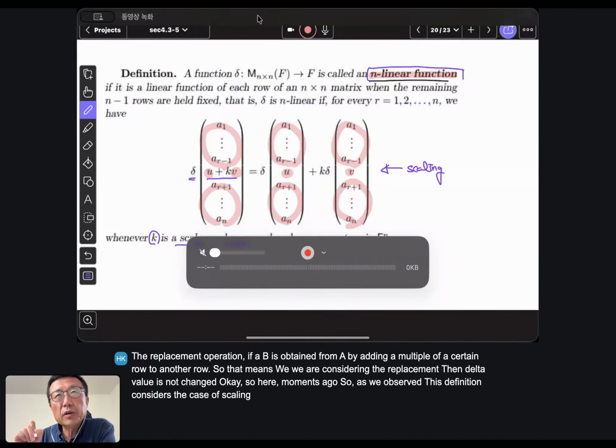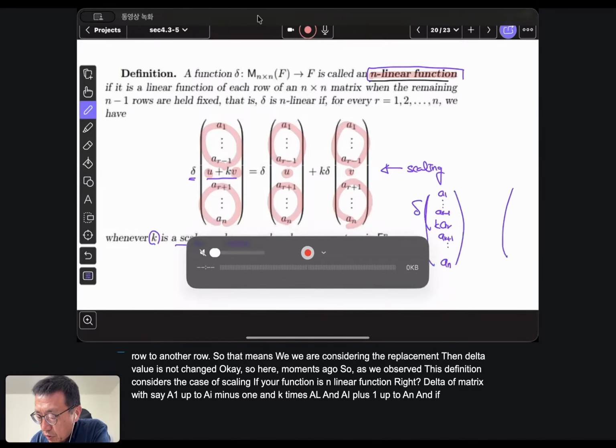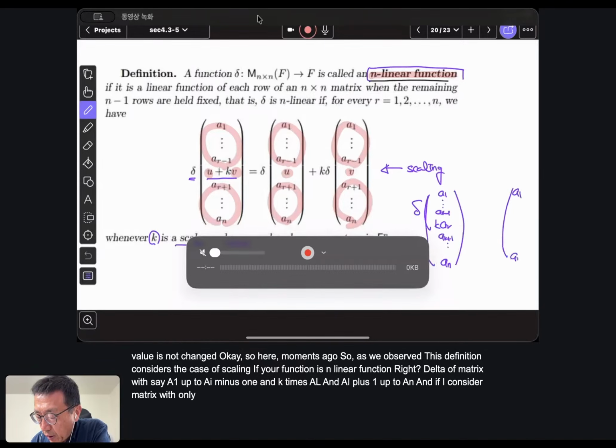If your function is an n-linear function, right, delta of the matrix with A1 up to A(R-1) and k times AR and A(R+1) up to AN, and if I consider the matrix with only A1 up to AN and AR without k, and this delta value, then that will be k times this.